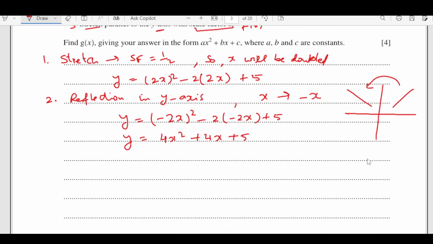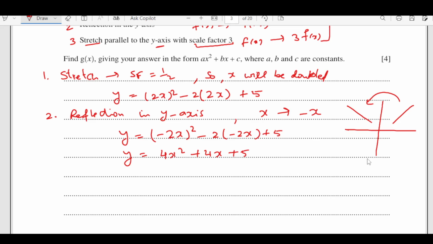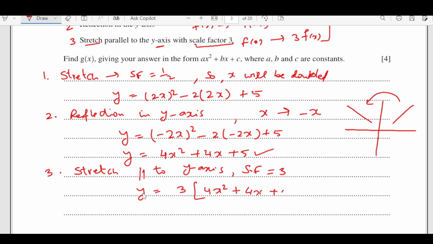So now after this we have a stretch. The third one is again a stretch parallel to y axis with the scale factor of 3, right? So this is going to be tripled: 3 will be multiplied to this whole equation, that is 4x squared plus 4x plus 5.